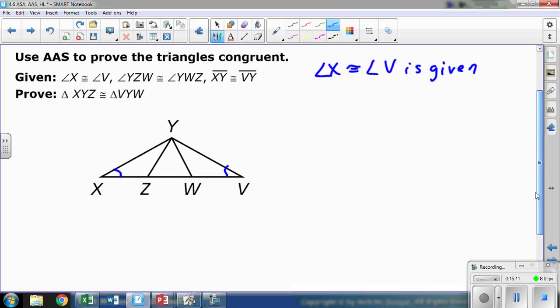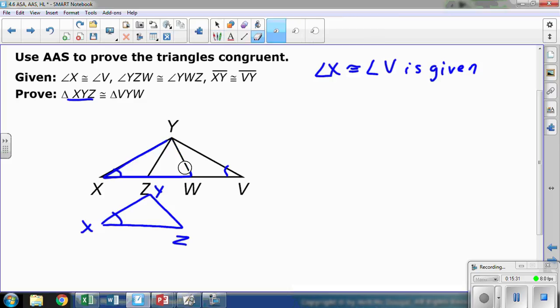In particular, triangle XYZ, that's the one here over on the left. So we can draw it X, Y, Z, and we've already got that. I'm sorry, X, Y, W, what am I doing? X, Y, Z, there.